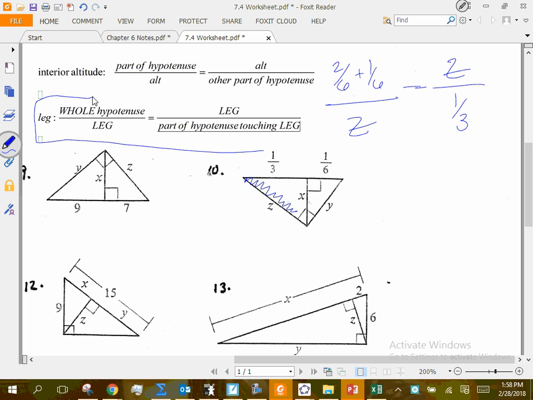So focus on a leg, I'm using that formula. And I need the whole hypotenuse. Well, the whole hypotenuse is from here to there, which would be 1/3, right? And then to there, which is another 1/6. So 1/3 plus another 1/6 is why I wrote it that way. And then in this spot here, it becomes the part that is touching the leg that we decided to use.